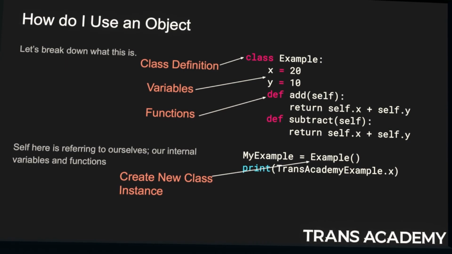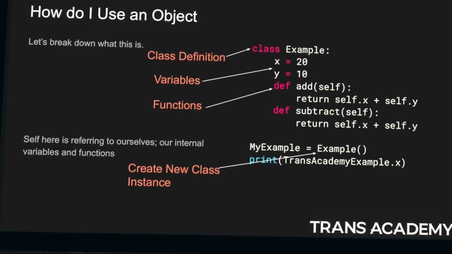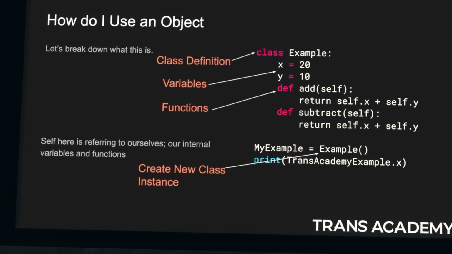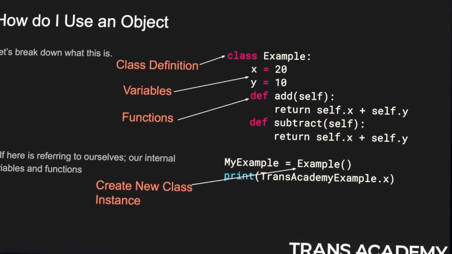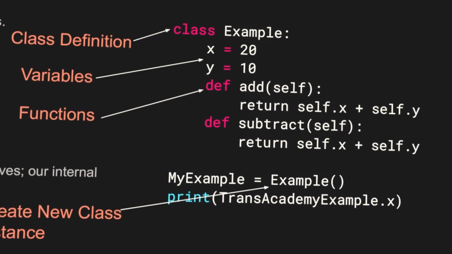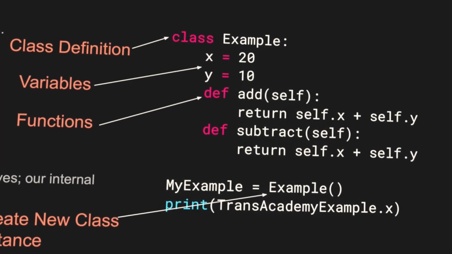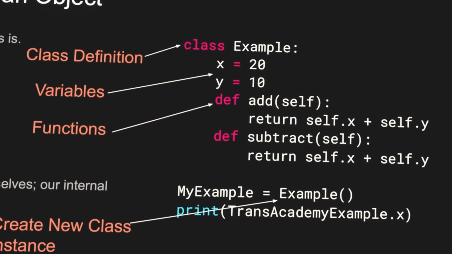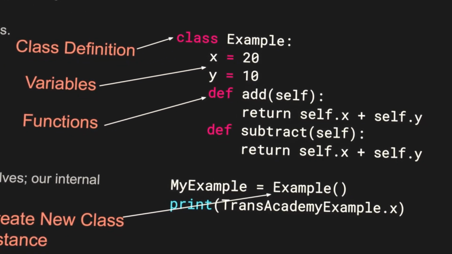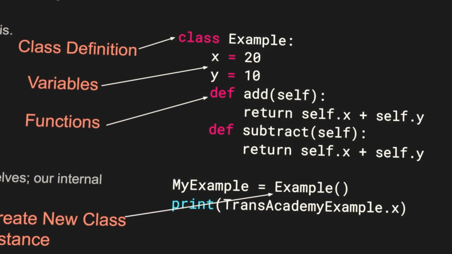All right. So we went through this a little bit on the first slide, but to break down how this works, the first line you have here is referred to as the class definition. It's going to have the class keyword, and then the name of the class. In this case, it is named example. If I wanted it to be named Trans Academy example, I would put Trans Academy example. Variables are defined very similar to how you would define them normally, for example, x equals 20, y equals 10.